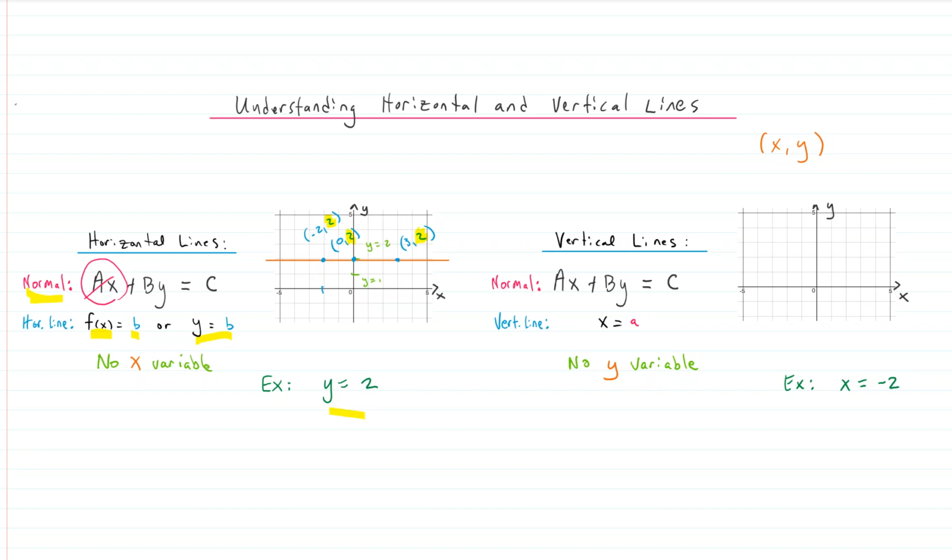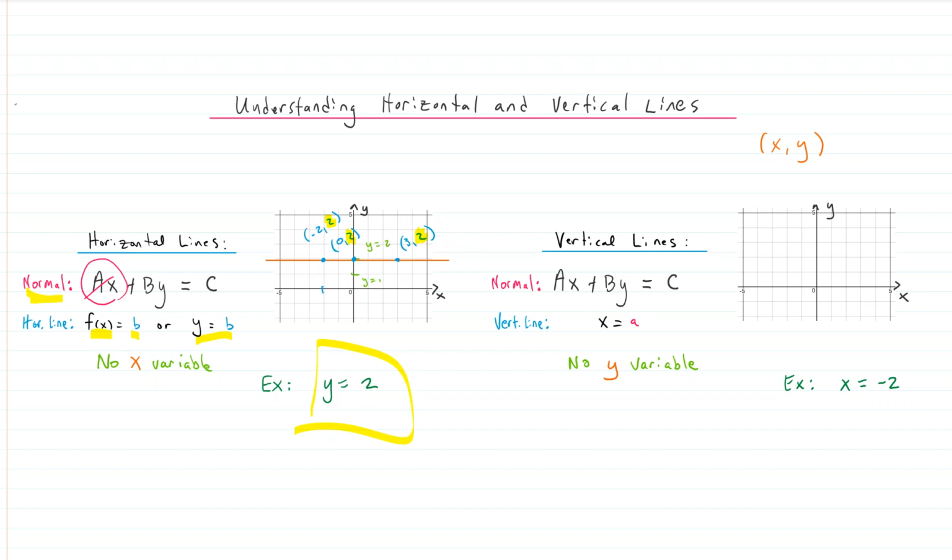So we don't even need the x. The x is just irrelevant because it doesn't matter. As long as the y coordinate is 2, that point is on the line. So that's why we would express the equation of a horizontal line as y equals 2 in this case, or whatever that common y coordinate is. So that's really it for horizontal lines.